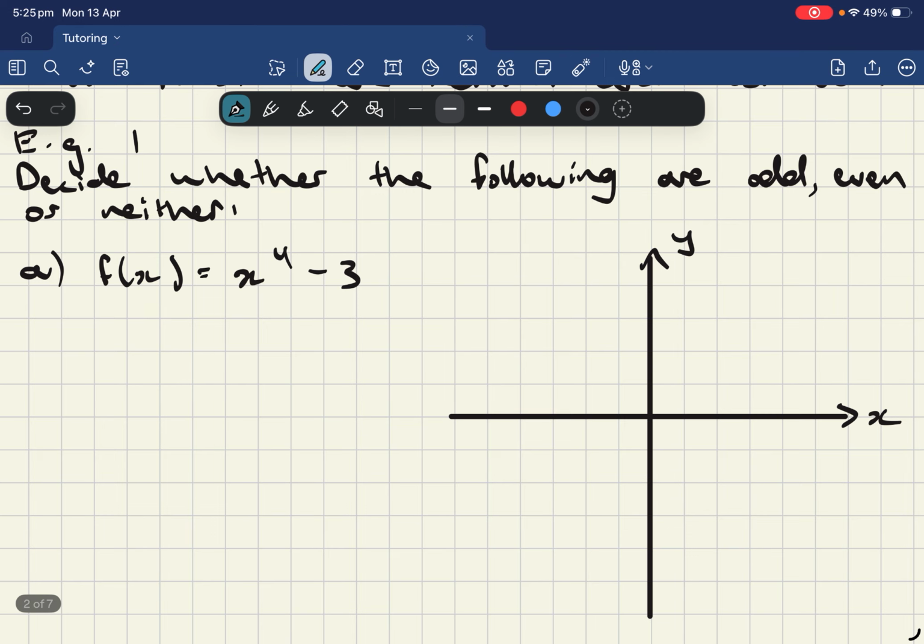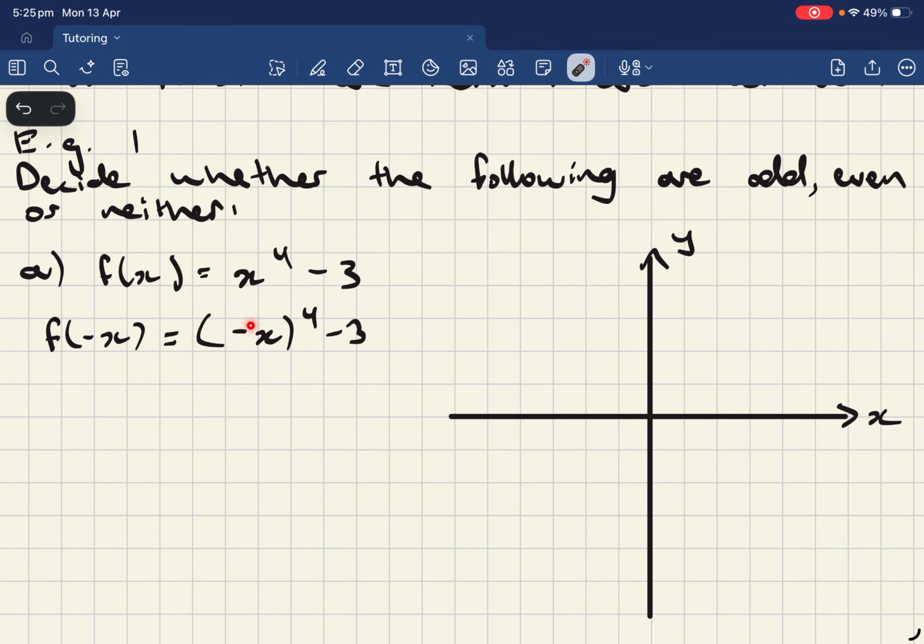Let's try the even one first. Let's substitute in negative x everywhere we see x. This will give us negative x to the power of 4 minus 3. If we raise negative x to the power of 4, because this is an even number, this will give us a positive out. Think about it: this is like doing minus x times minus x times minus x times minus x.